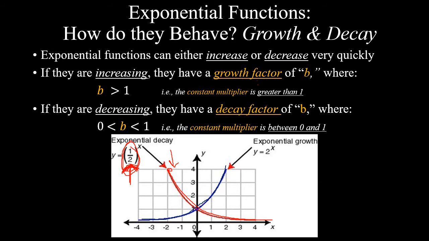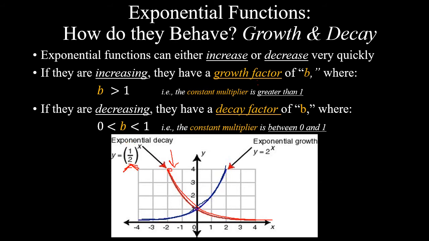So it should sort of make sense why our function is decreasing when we're dealing with a fraction, a number between 0 and 1, when our constant multiplier, our decay factor, is between 0 and 1. Because if we are between 0 and 1, we're dealing with some decimal, some fraction, which means we're chopping however much we had into smaller and smaller bits, okay?